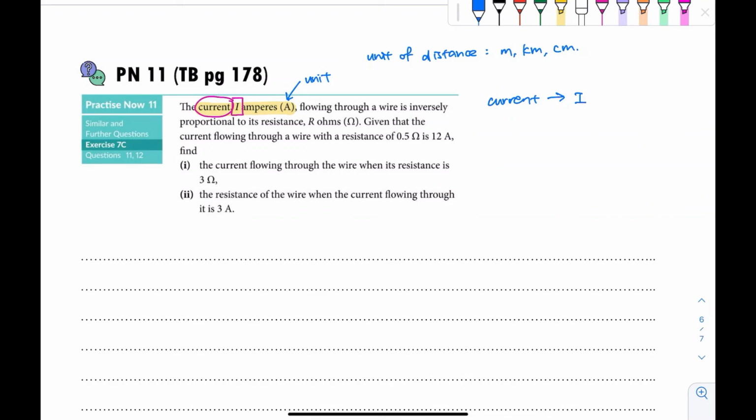But the letter to represent current is I.